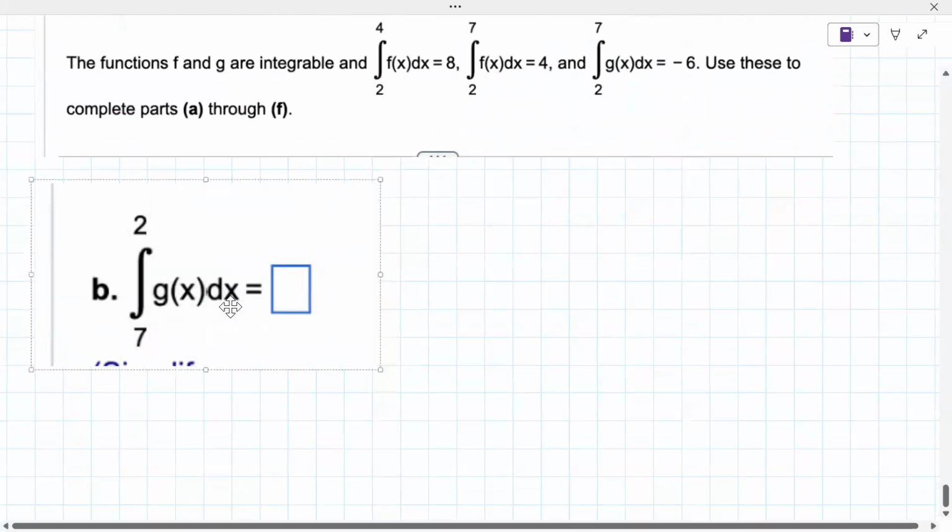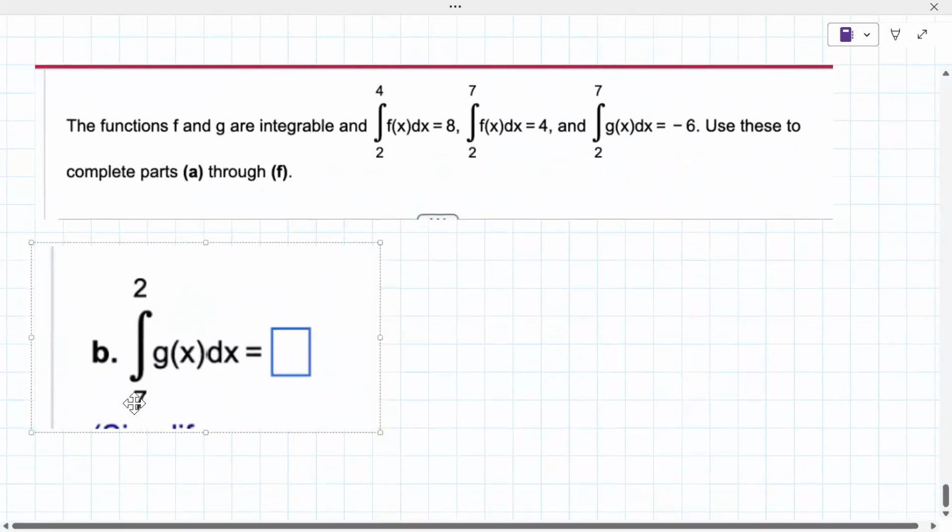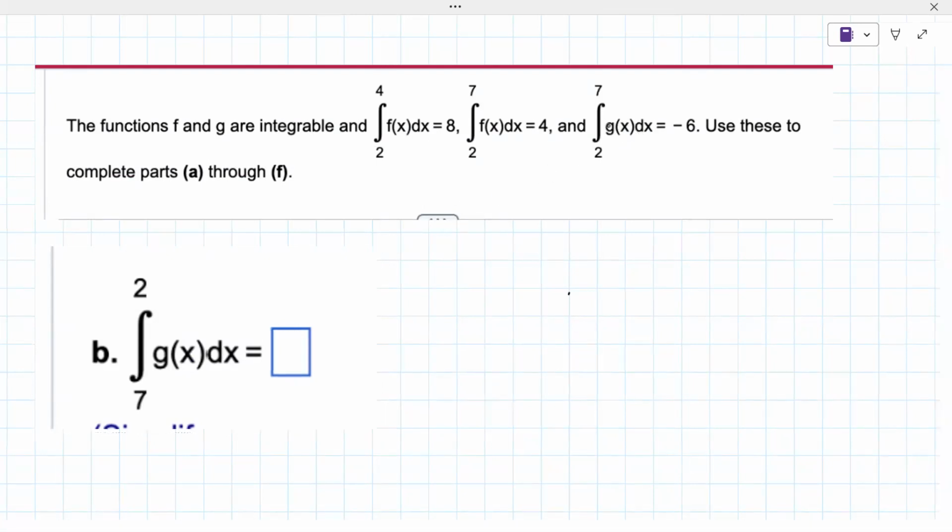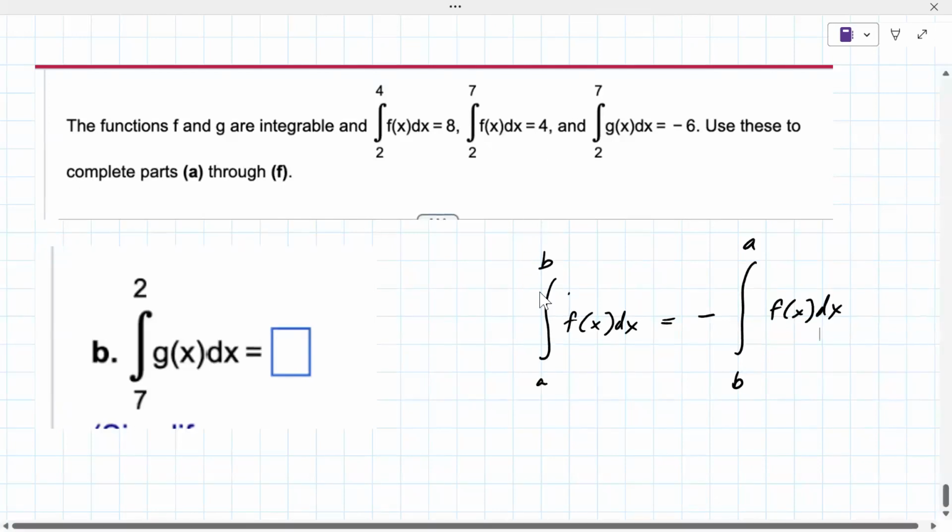Okay, so part B, the integral from 7 to 2 of g of x. They give you 2 to 7 of g of x. The property here is that if you have the integral from a to b of some function, they almost always use f of x dx, this equals negative the integral from b to a of f of x dx. So in words, when you flip the bounds, you have to negate it.